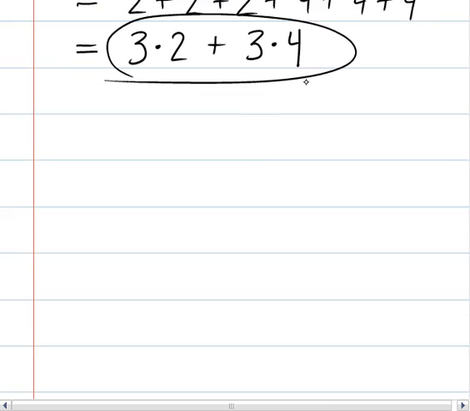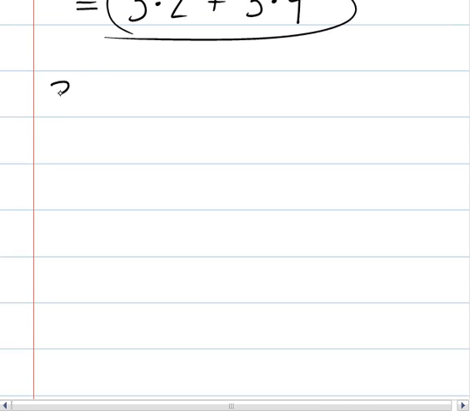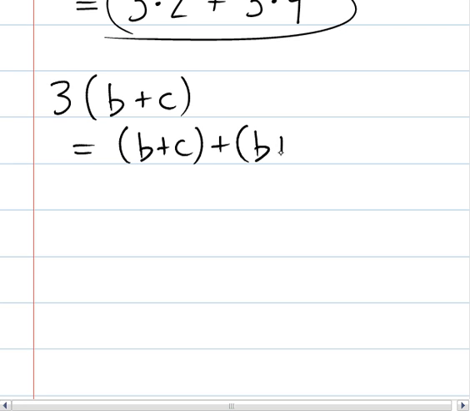For example, suppose I keep that 3 the same for a minute, but instead of using 2 and 4, I use a B and a C. Well, 3 times the quantity B plus C means we're adding B plus C 3 times. That's what multiplication is. It's repeated addition.